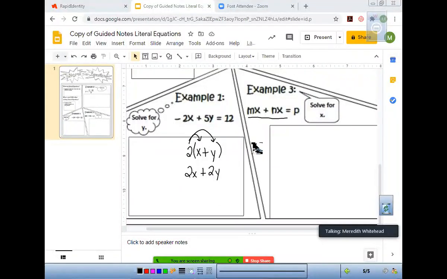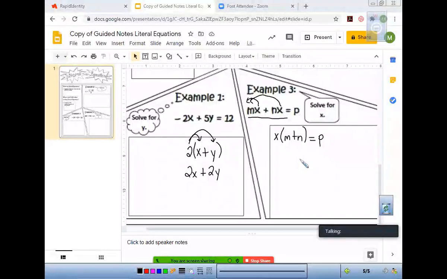We're going to do distributive property in reverse. We're going to take the x out of both of those since they both have an x. That would look like this: x parentheses m plus n equals p. I took the x out and left the m plus the n.